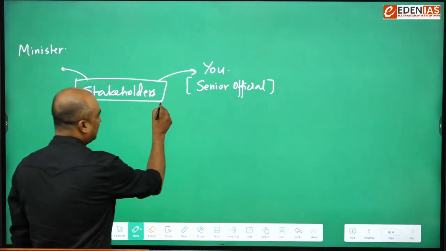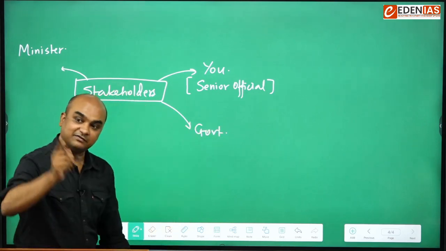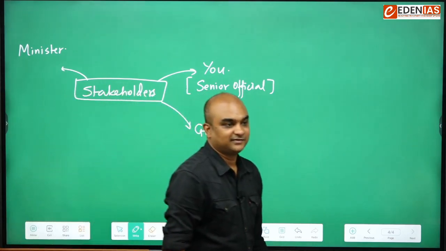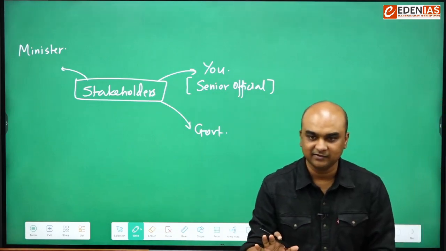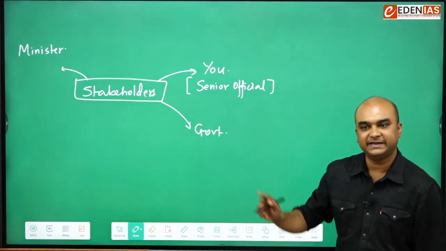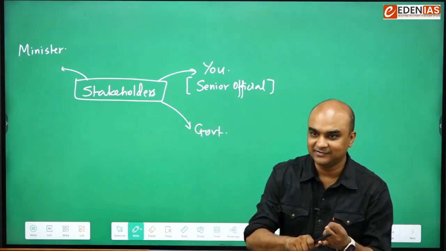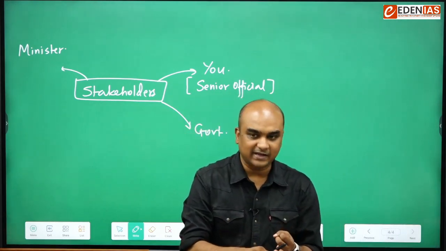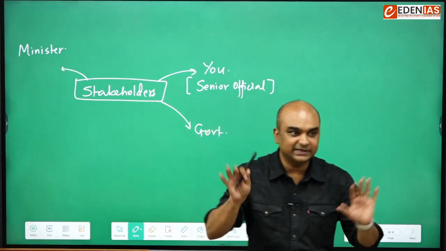Then obviously government. Which government? Government of India or government of a particular state? Is it given in the case anywhere? No. Do you understand that? But in this kind of case, is there forest cover and agricultural land acquisition? So all these are part of what? Both center and state.